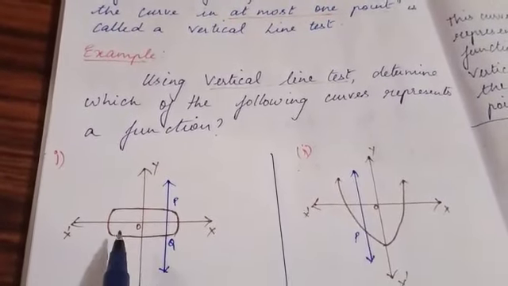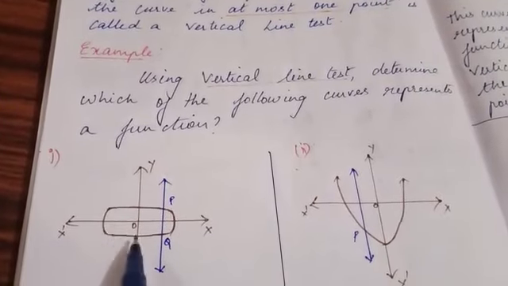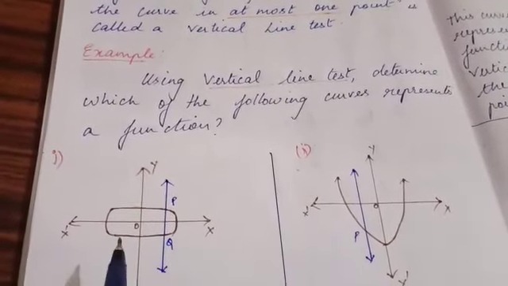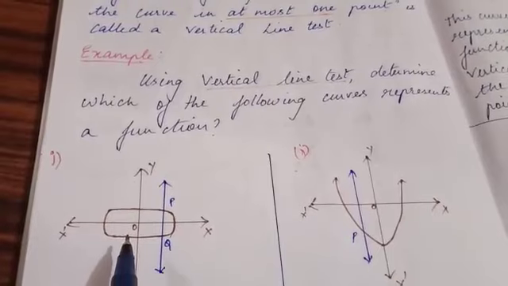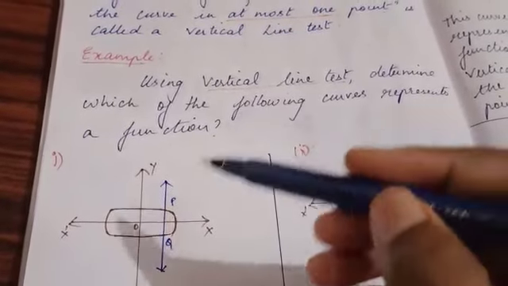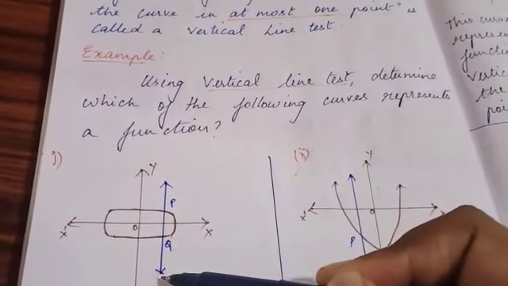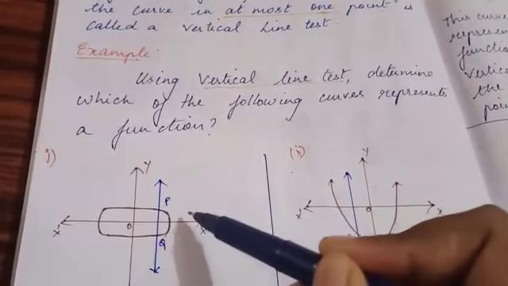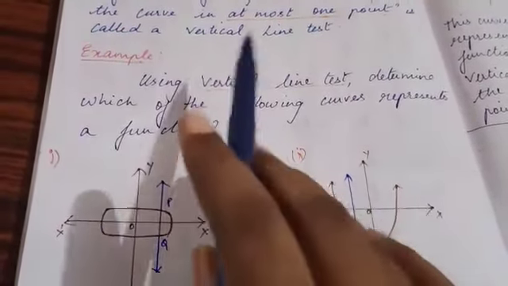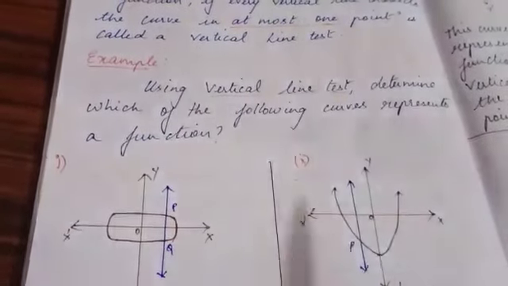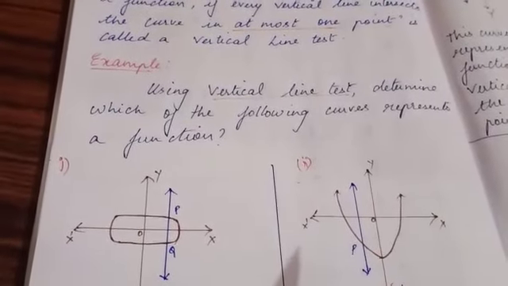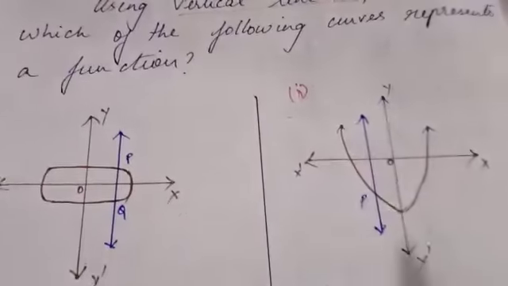We have to find whether this curve is a function or not. What is the condition to be a function? If the vertical line intersects the curve in at most one point, then it is called a function. So we have to check for the intersection points.